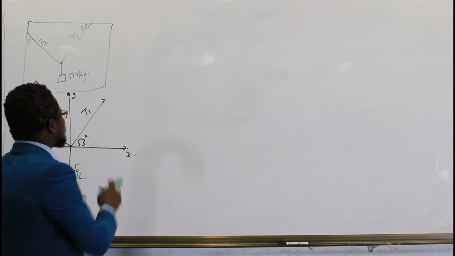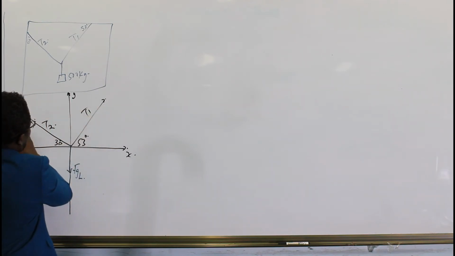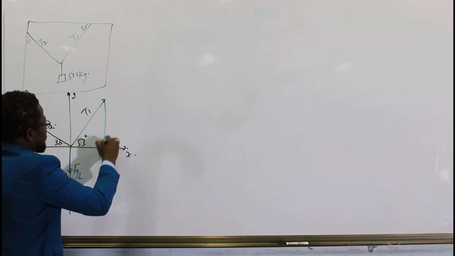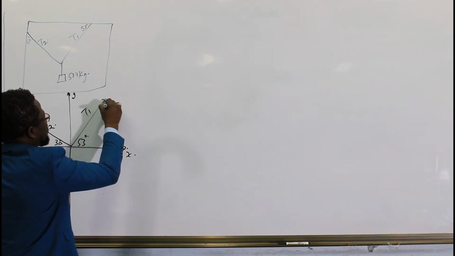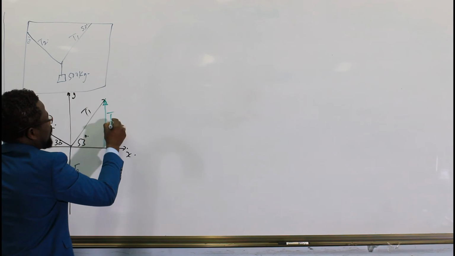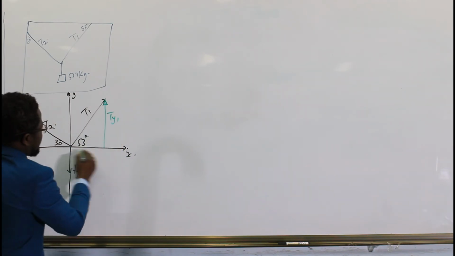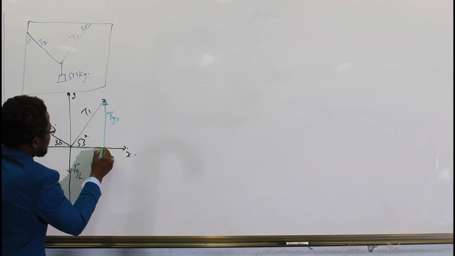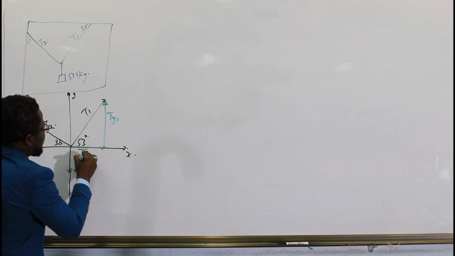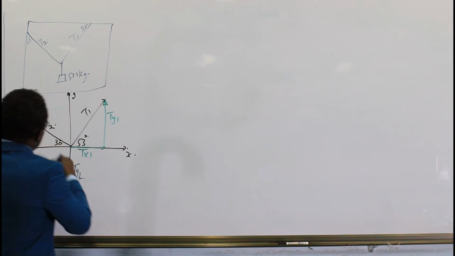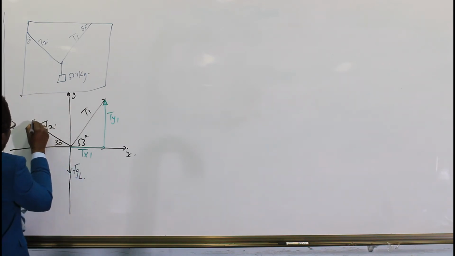We need to resolve this and resolve this also into component. And that means that we are going to find the y component here. Okay, so we are going to find Ty1. Okay, and then on this side is the x component, so that is Tx1. And then on this part, we are also resolving it.